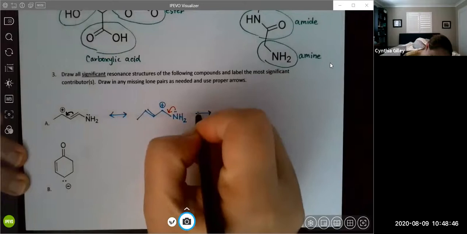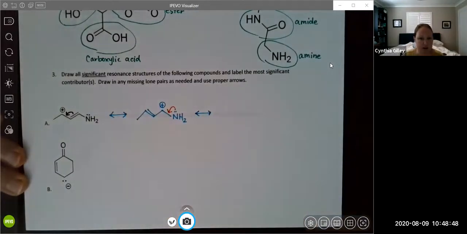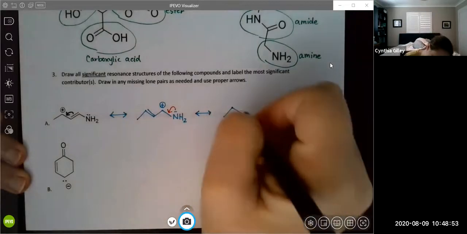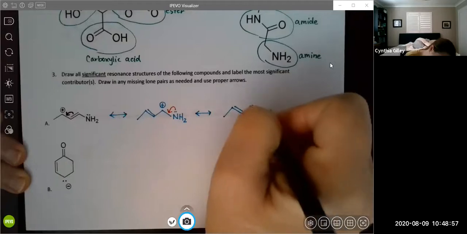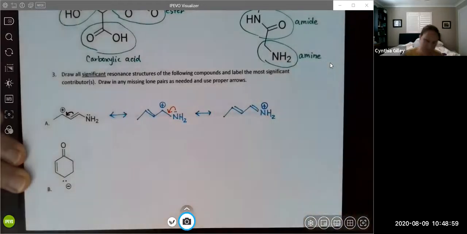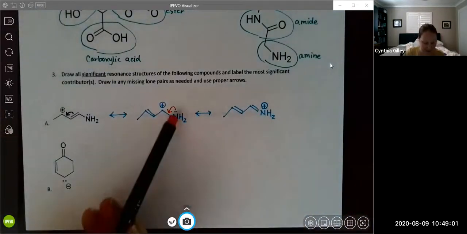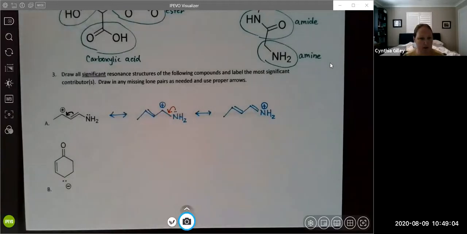And resonance can be reviewed at the end of chapter 2 in your Klein textbook. Right, so when you have a lone pair adjacent to a positive charge, it can be shared through the formation of a pi bond. So we formed the second pi bond here, and now the positive charge is on nitrogen.